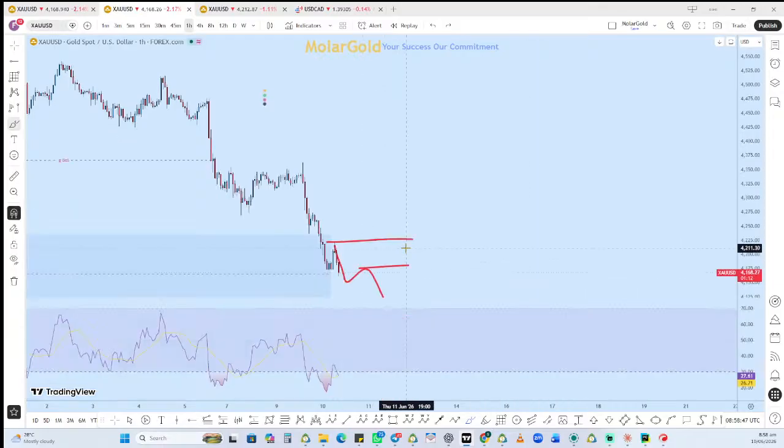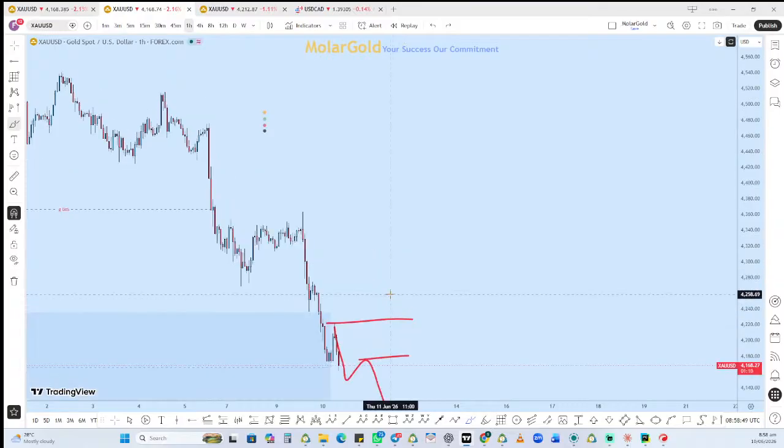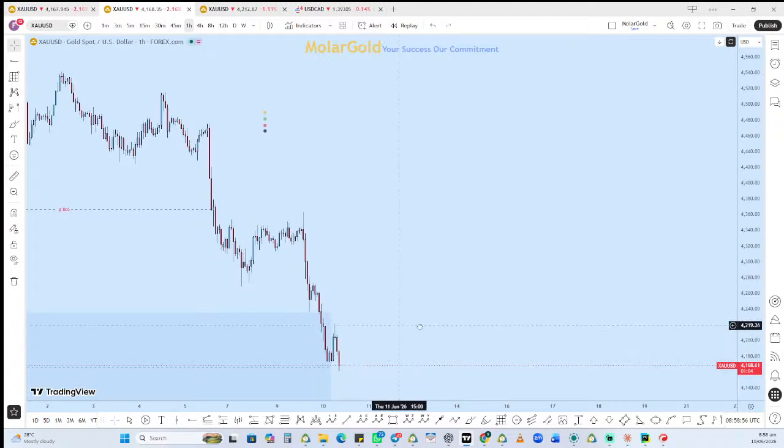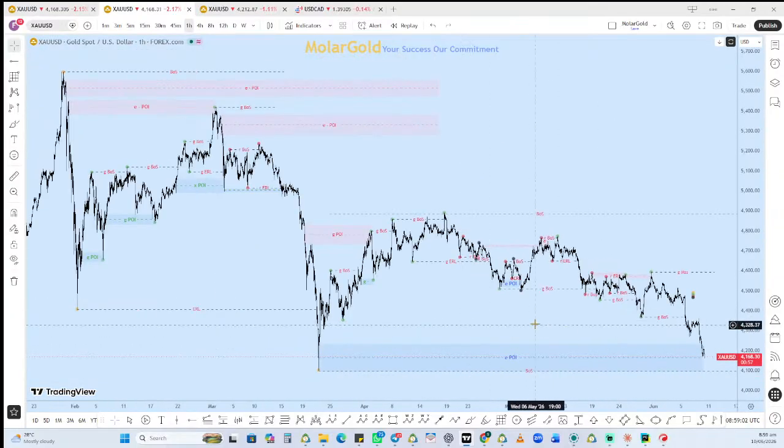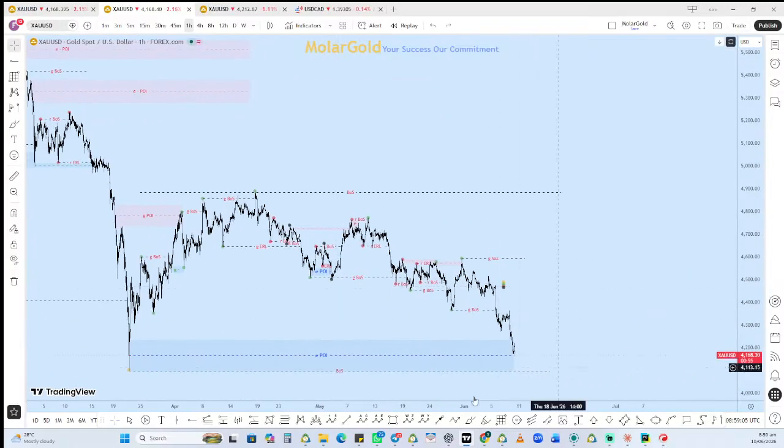If price goes all the way and breaks these lows, then like I said, we have shifted. If you break that low, we have shifted. But even with that, two things can happen. If we break this low like this, two things can happen.